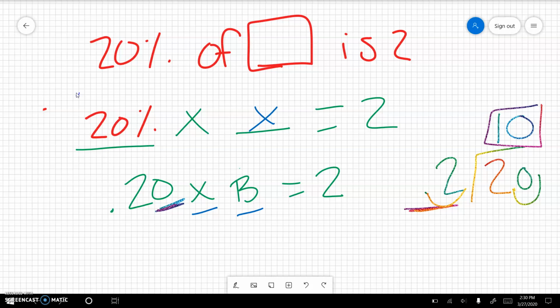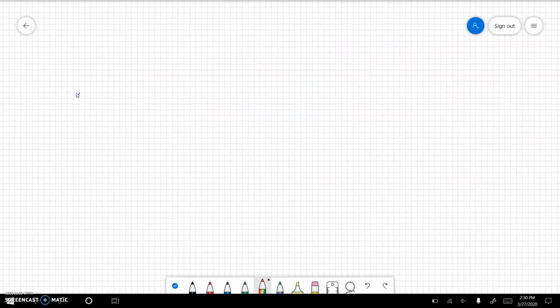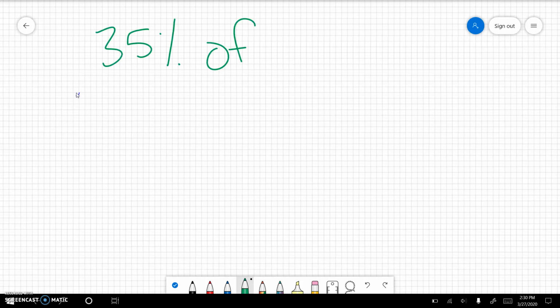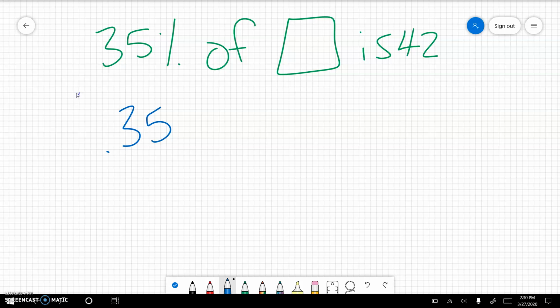Let's do another example like that. So if I have 35% of blank is 42. First I'm going to change 35% into a decimal. 0.35 times, I don't know what, equals 42.